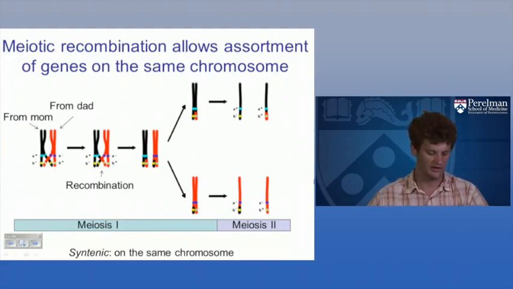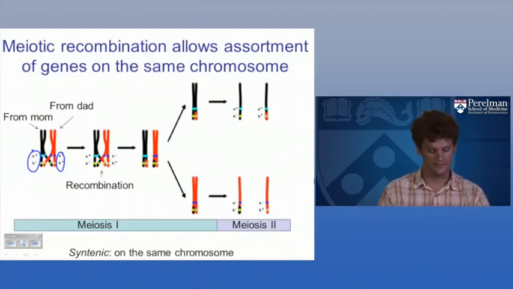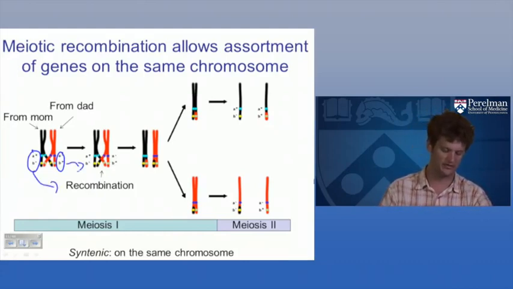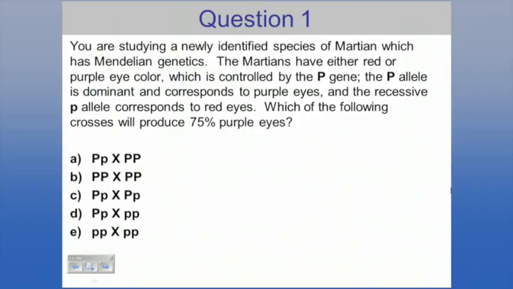So if you have an A plus and B minus allele on one chromosome, and an A minus and B plus allele on the other chromosome, you're going to get, more than you expect by chance, A plus and B minus going together, or A minus and B plus going together, and so you'll get co-segregation of those syntenic alleles. However, there is recombination, and this has been talked about in previous lectures, so you do in fact get assortment of genes even if they are on the same chromosome. And we can take advantage of the frequency of that recombination to actually map genes to particular spots on the chromosome.